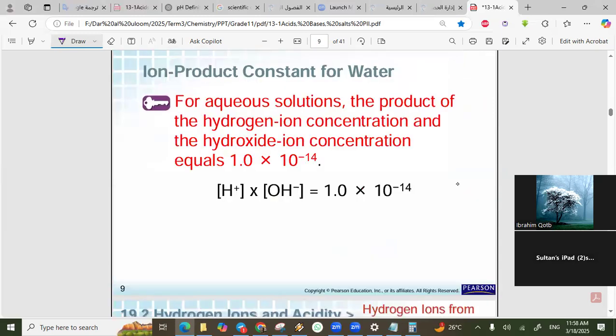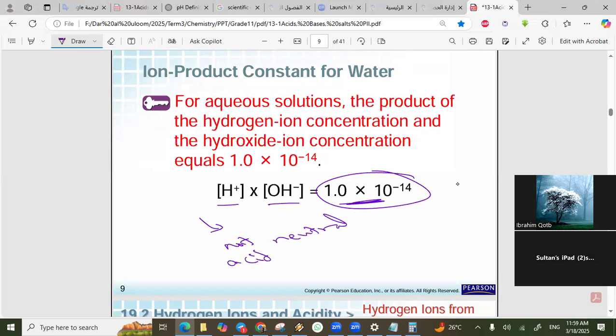If we multiply hydrogen concentration and hydroxide concentration, we get this number. Even if the solution is not neutral, you will also get this. If it's acidic, if it is basic, if it is neutral, the same.